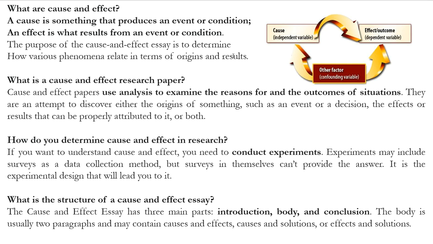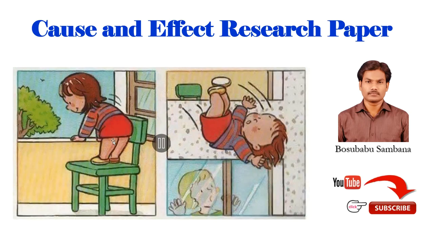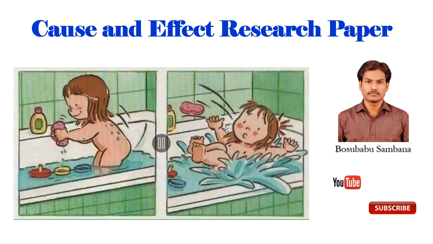It is the experimental design that will lead you to it. That means, based on the cause, the cause is converted into effect. Then in this diagram also, this is the cause, this is the effect.